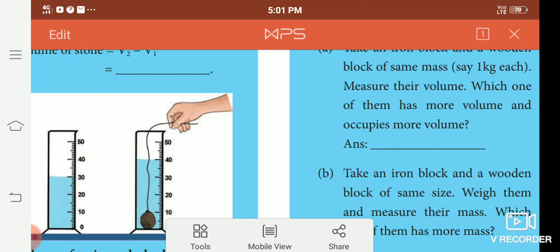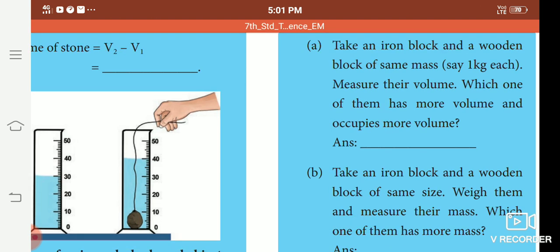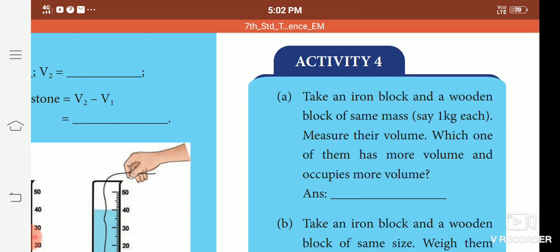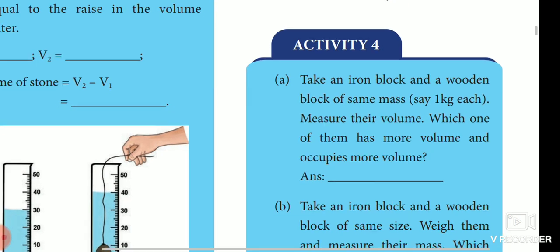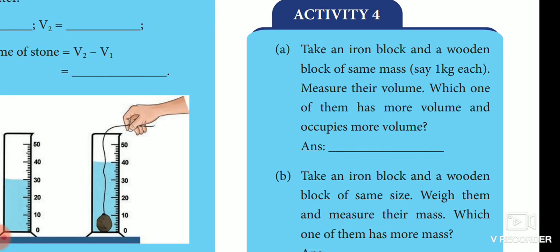Listen children, this is Activity 4. Take an iron block and a wooden block of the same mass, say 1 kg each. Measure their volume.